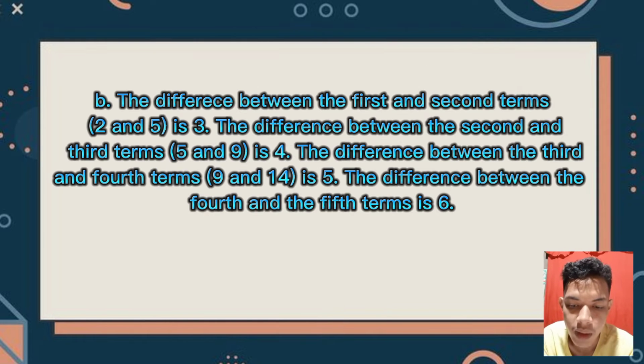B. The difference between the first and second term, 2 and 5, is 3. The difference between the second and third term, 5 and 9, is 4. The difference between the third and fourth term, 9 and 14, is 5. The difference between the fourth and the fifth term is 6.